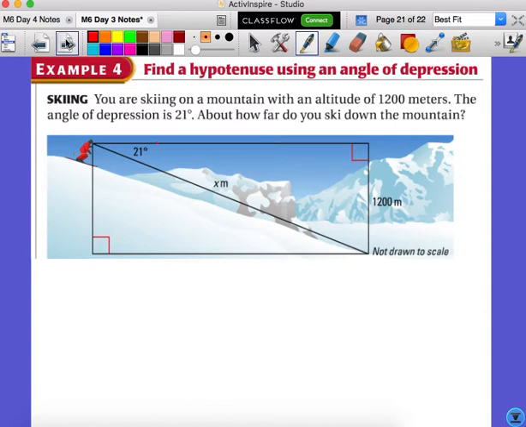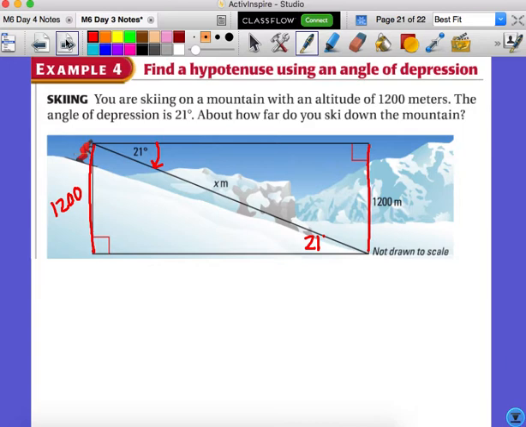So notice here, guys, that that angle of depression comes down from that horizontal line. So that 21 is in the top part of this. We also could bump that right here using our alternate interiors. And I know that if this is 1,200 meters, that vertical height, that this is as well. So I could move that over here if I wanted to.